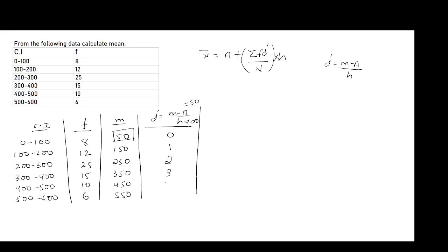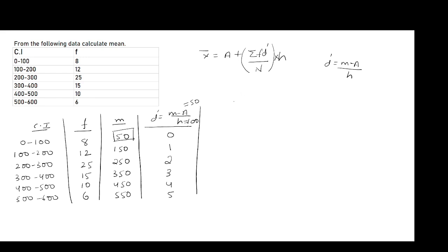Divided by 100 is 4. 550 minus 50 is 500. Divided by 100 is 5. So this is how the d dash value should be calculated, by subtracting the assumed mean from the midpoints and dividing by the width of the class interval.